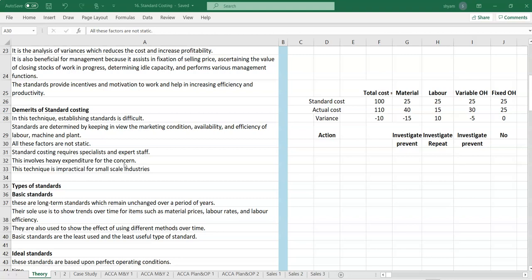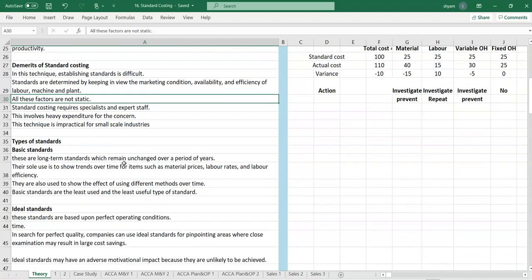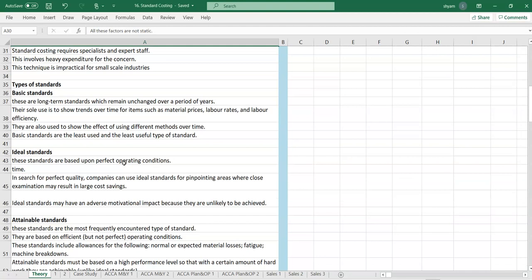So not all companies can afford this because there is an expense in terms of appointing a management accountant or appointing a consultant, getting all the data in terms of standard or fixing the standard, then getting the actual cost of production in terms of material, labor, variable overhead, like that. So it is not so easy work. It is going to be a time consuming and cost consuming work.